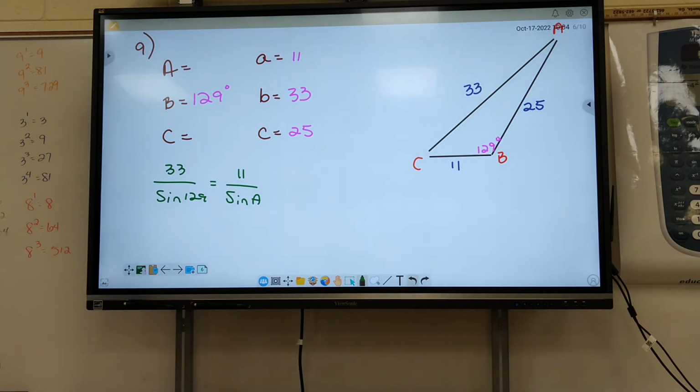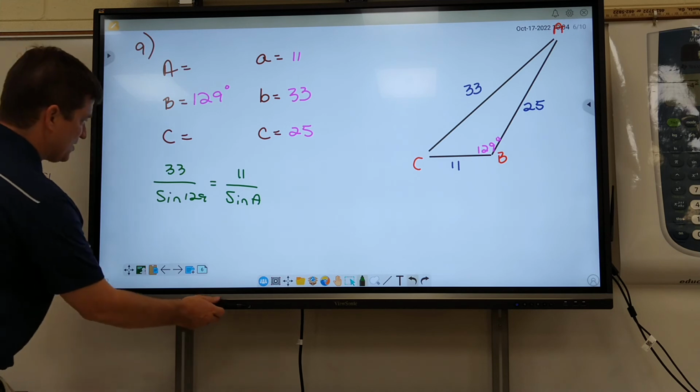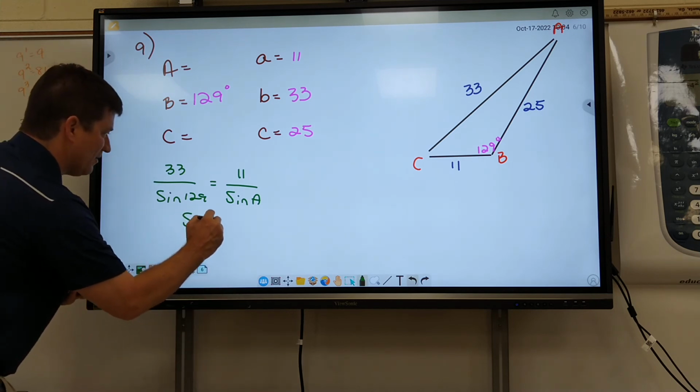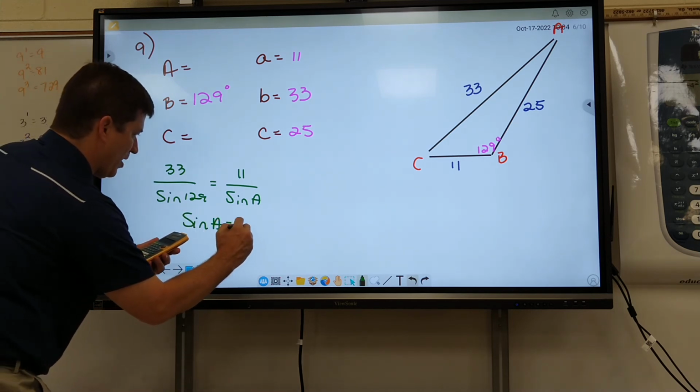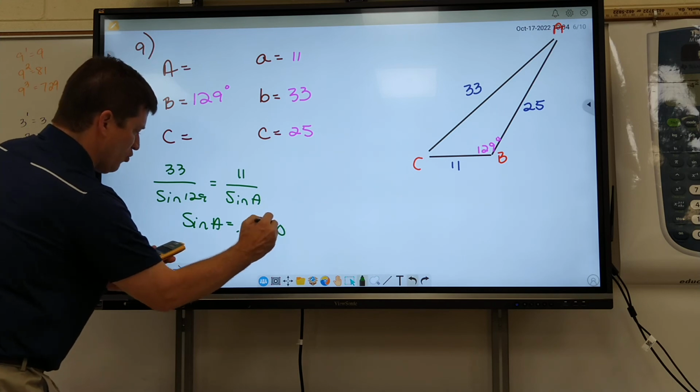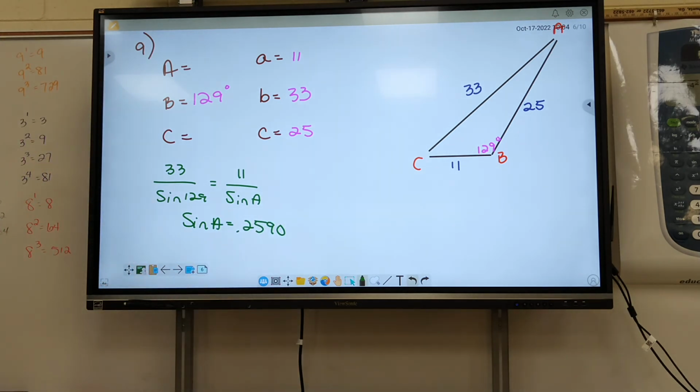Take your calculator. Sine of 129 times 11 divided by 33. This is the extra step you have to show me. Sine of A equals 0.2590. Anybody else get that?